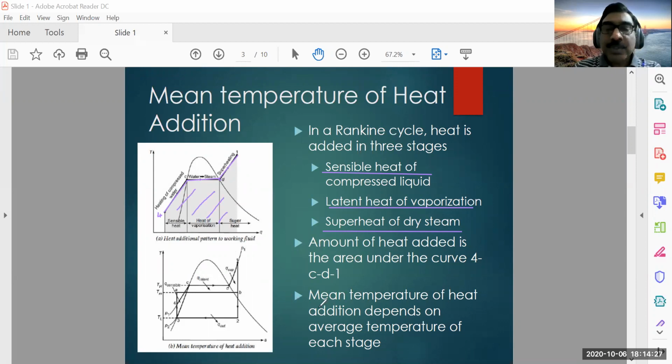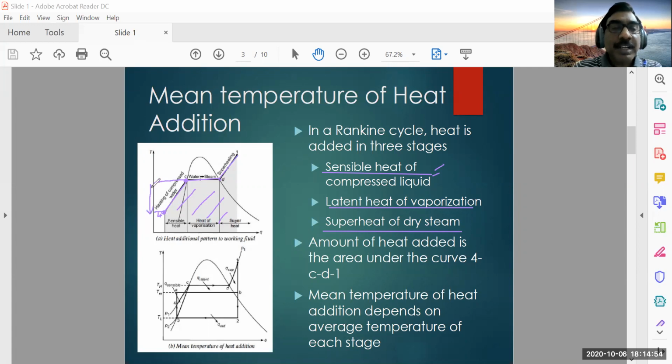So the mean temperature of heat addition depends on the average temperature of each stage. What does this statement mean? If you take the first stage, the sensible heat, this is the starting point of the heat addition and this is the ending point. So here there is one temperature and here there is another temperature.